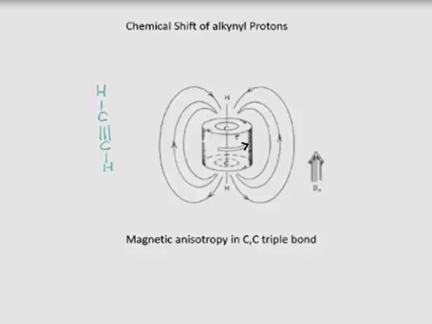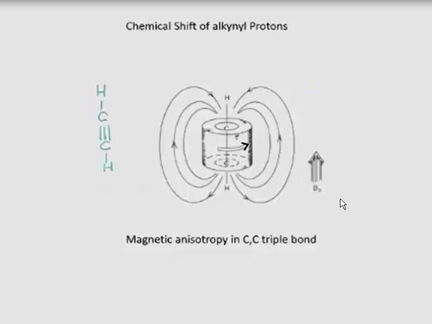Let's now look at the chemical shift of alkynyl protons. It is a proton attached to a C-C triple bond. The external magnetic field is shown here, pointed up.